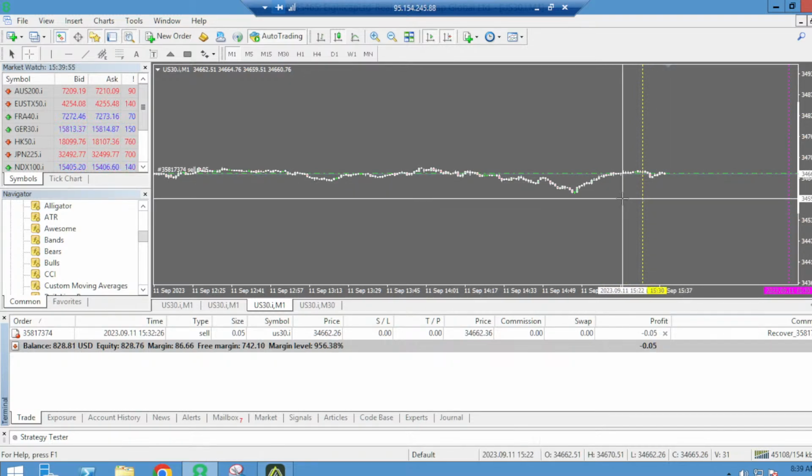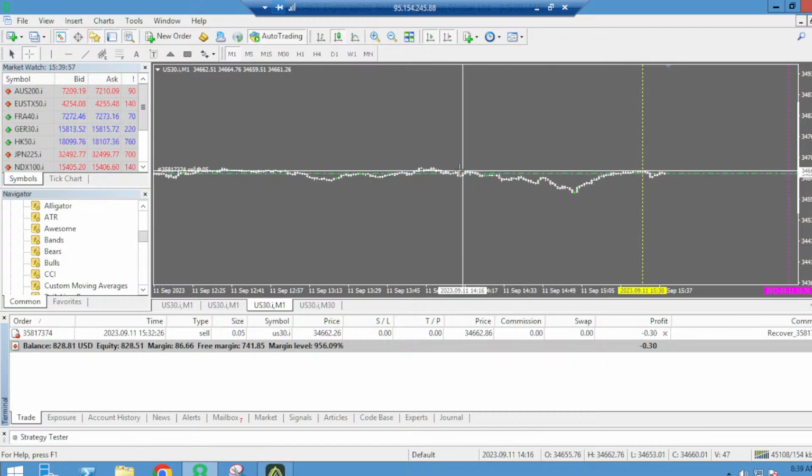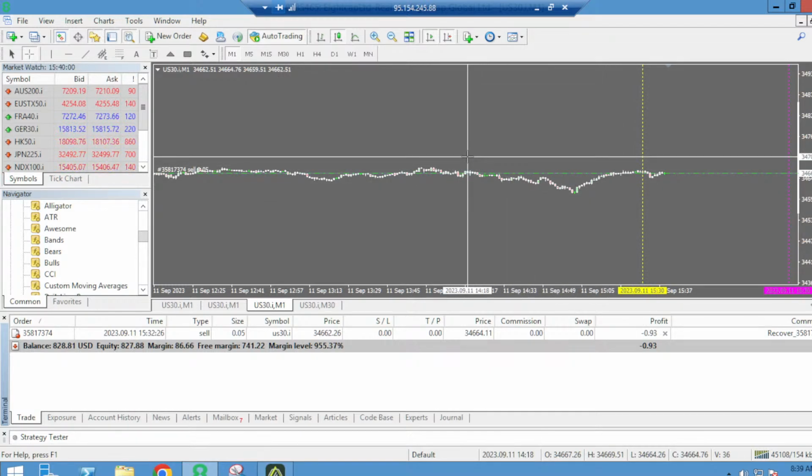We will see which direction price chooses to take on. Okay, it's pulling back.